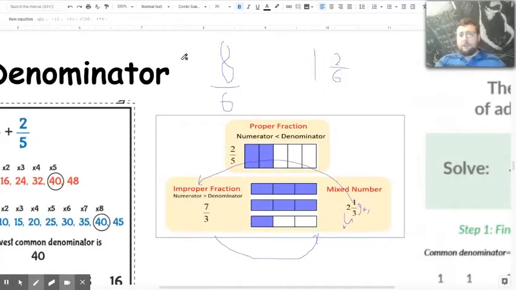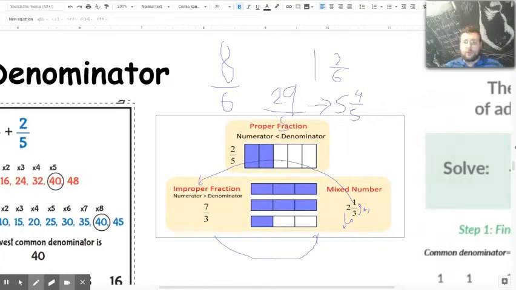The other way that you could do that, let's see, 29/5. So 29/5 would be the same thing as, well, I can fit almost 6 sets, but not quite. I can fit 5 sets of 5s, which is 25, and I have a remainder of 4/5. So that's going this way.